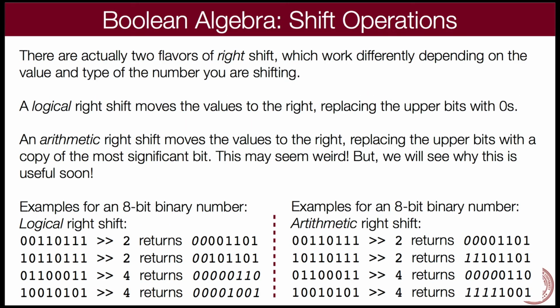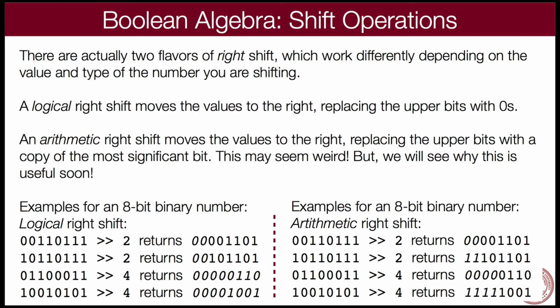Okay? Right shifting is actually more interesting, as it turns out. Right shifting works differently depending on the value and the type of number that you're moving. We're going to see this in the lecture that I'm going to do for Monday. We have 2 types of shifting.